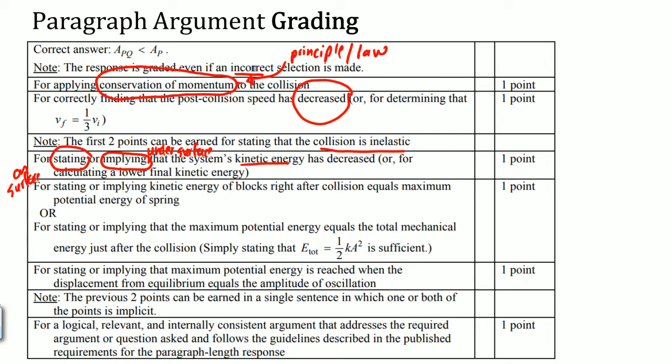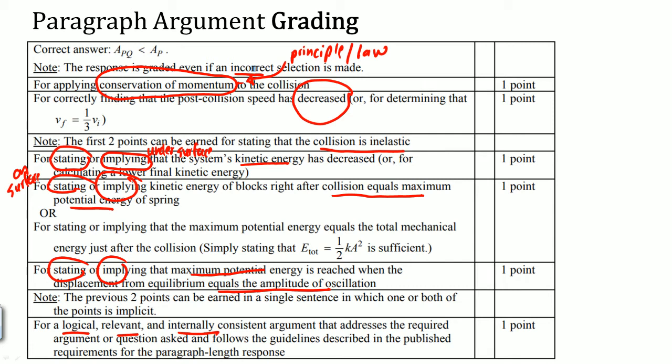All right? Then, same thing, state or imply: after the collision equals the maximum potential energy. Then state or imply the maximum energy is reached when the displacement from equilibrium equals the amplitude. Then lastly, this is very unique to the paragraph response, is that it has to be logical, relevant, and consistent.